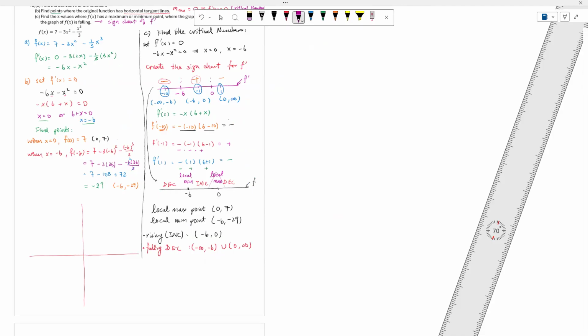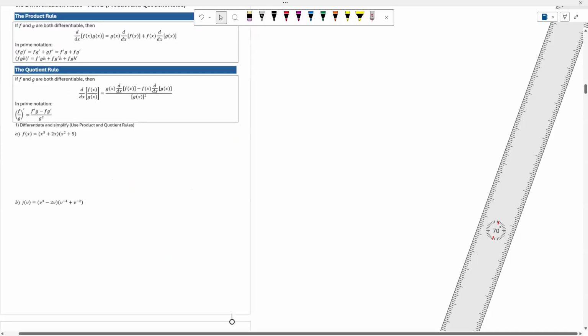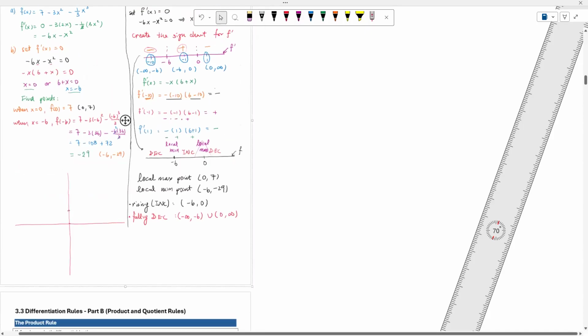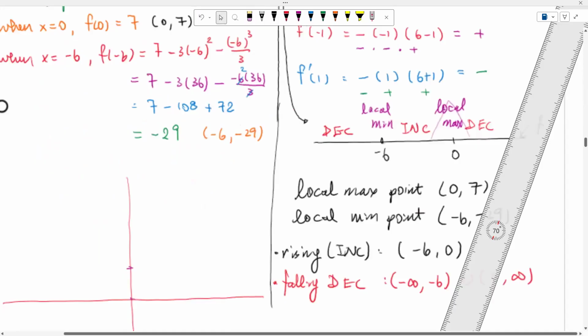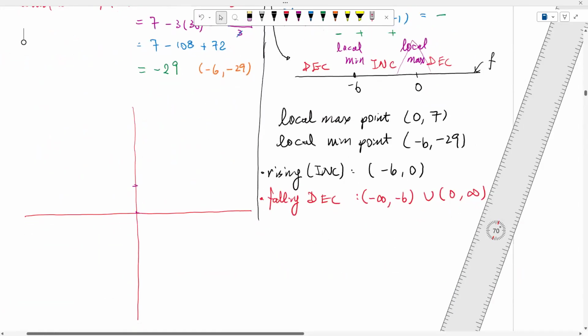So let's look at this again. My local maximum is at 0, 7, so here I have my local maximum.